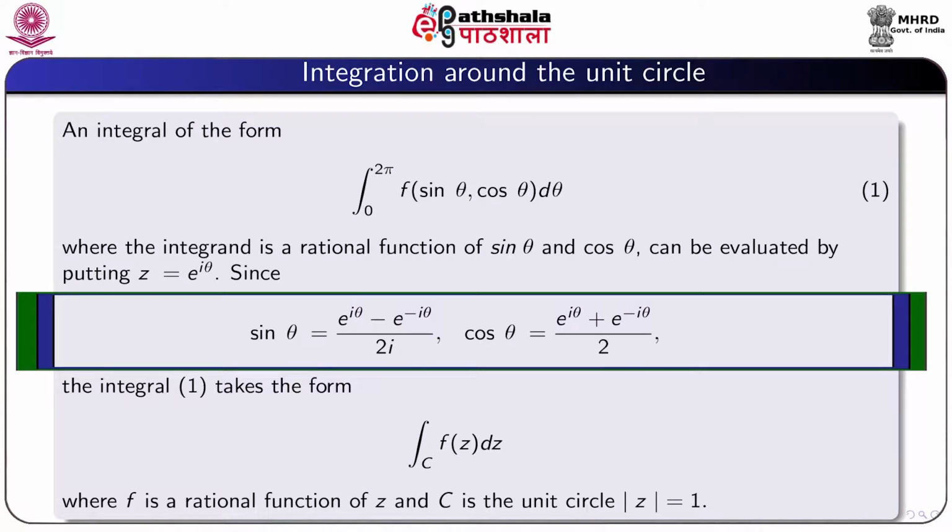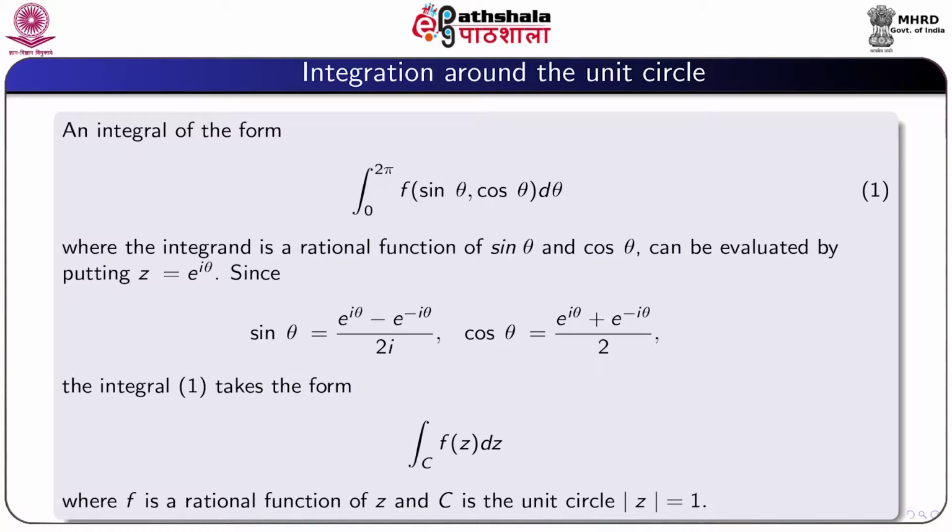Since sin theta equal to (e^(i theta) minus e^(minus i theta)) by 2i and cos theta equal to (e^(i theta) plus e^(minus i theta)) by 2, the integral takes the form integral over C f(z) dz, where f is a rational function of z and C is the unit circle mod z equal to 1.